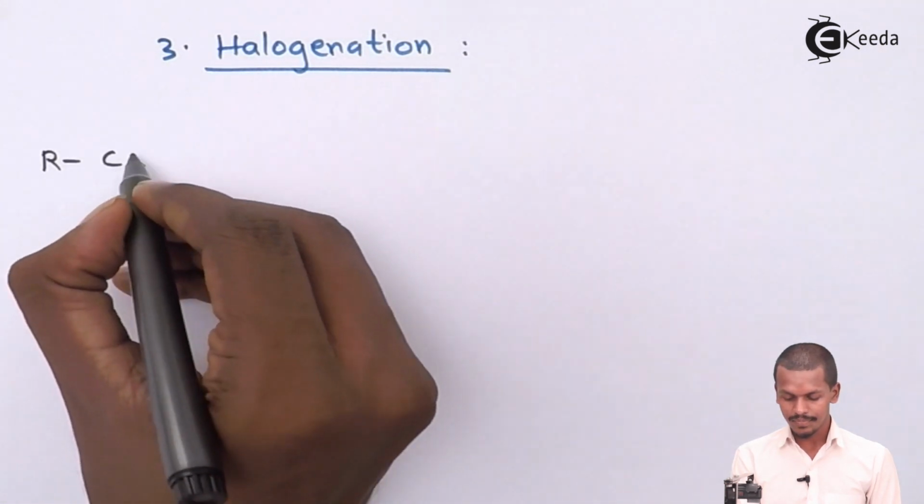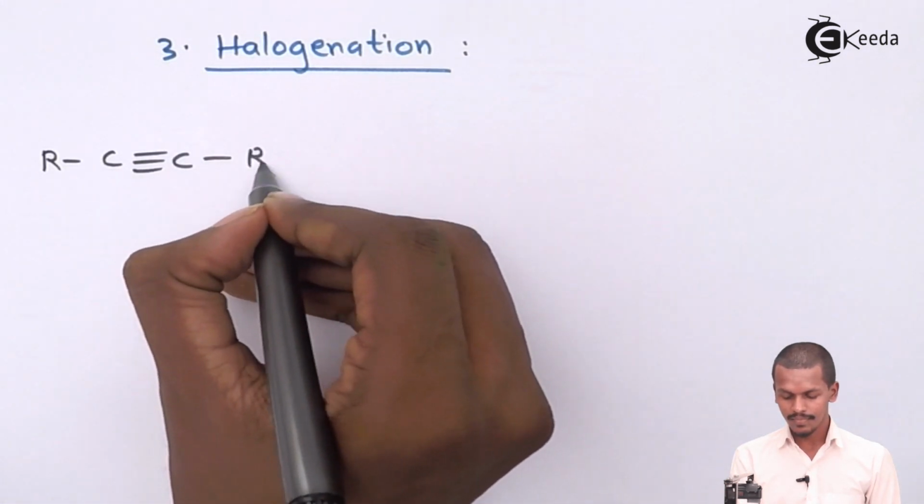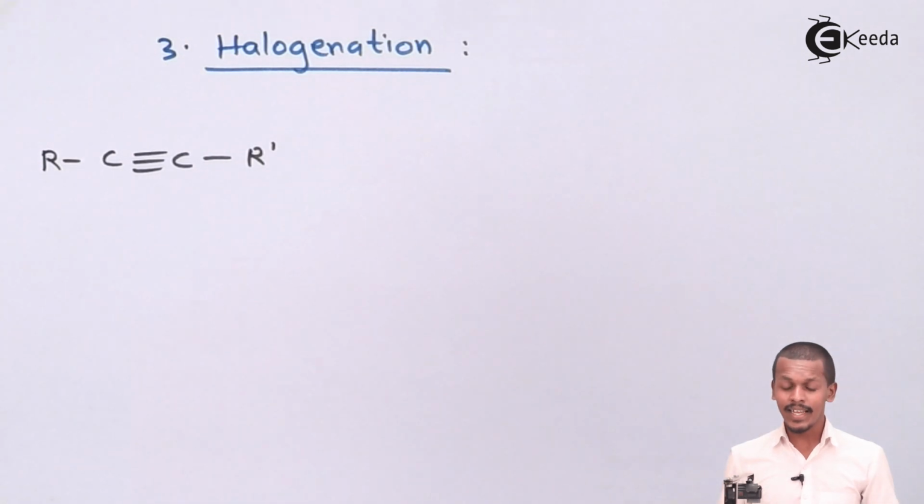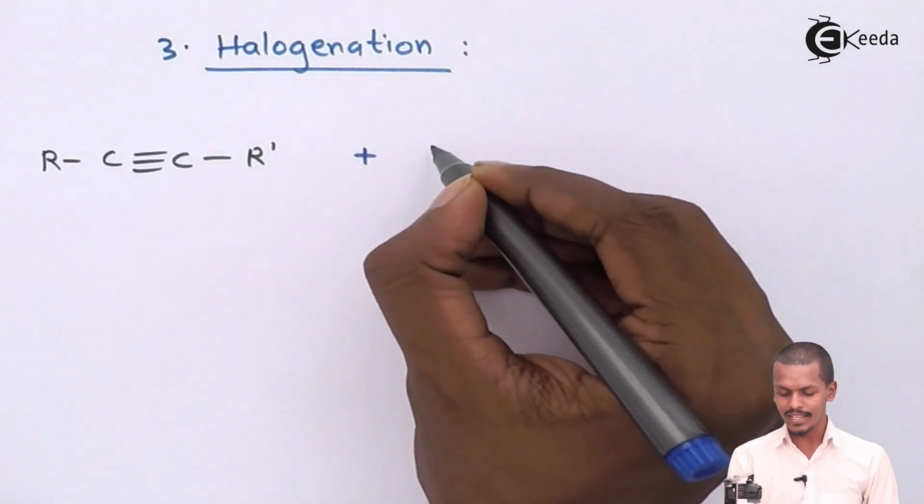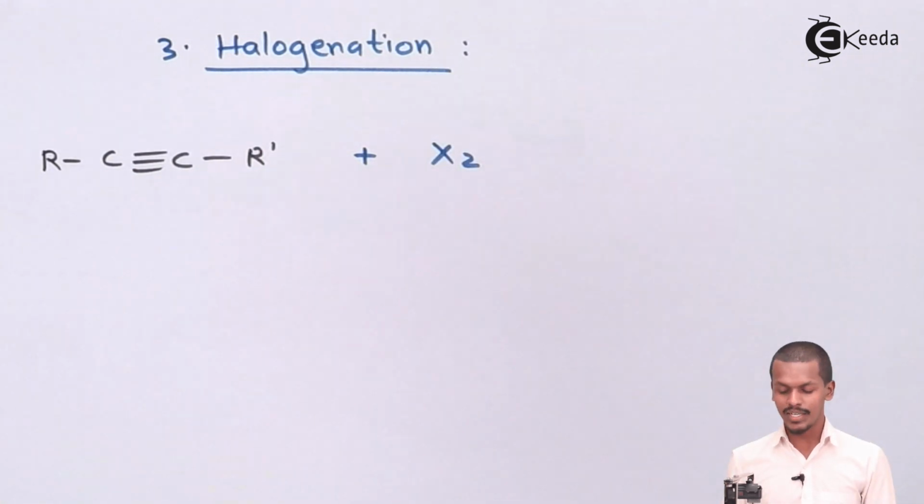Suppose this is an alkyne, and it undergoes a reaction with X2, where X2 is the halogen molecule.